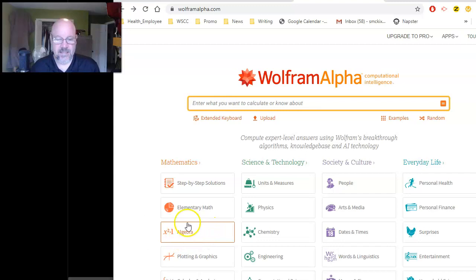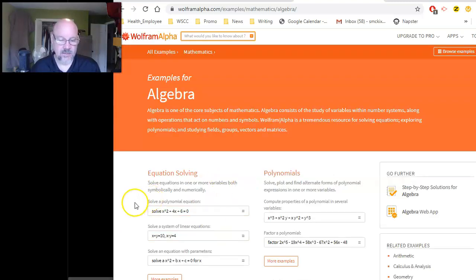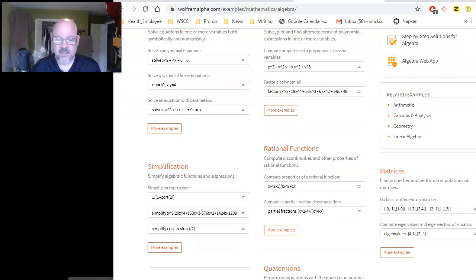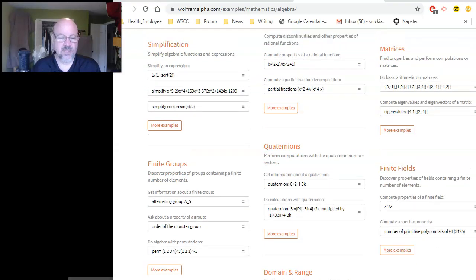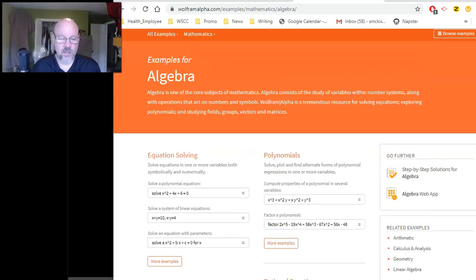So you come down here to the algebra button, click that, and then it'll say, oh, I want to solve a polynomial equation. Let me scroll down a bunch. Anyway, it just does a ton of stuff. You could have a good time just trying to check out all the different stuff that Wolfram Alpha will do. But let's check it out here.